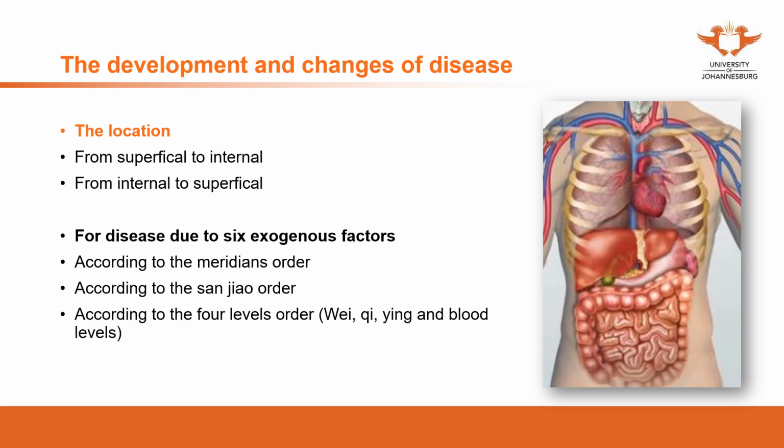These 4 levels begin to distinguish the body from superficial to deeper and deeper. So this doesn't refer to any organs, but just different qi. Actually, it refers to qi and blood, from qi level to blood level.